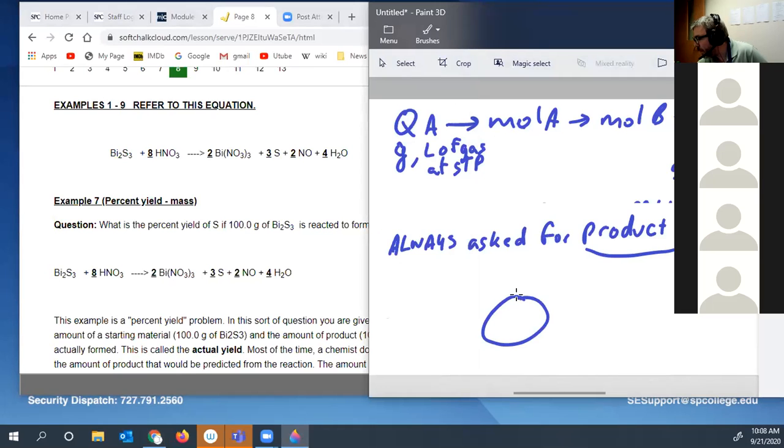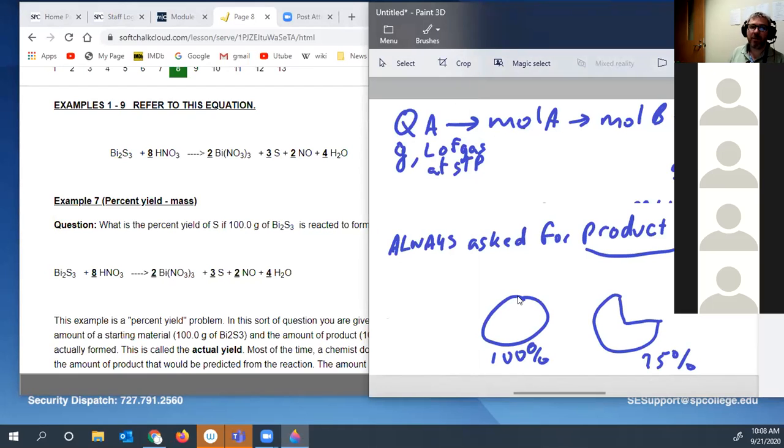That's 100% of a pizza. And if somebody eats some, let's say that would be about 75% of a pizza. So it's always what you have divided by the whole. And if you've already taken some out, then what's left, and divide that by the whole, that gives you the percentage left over.